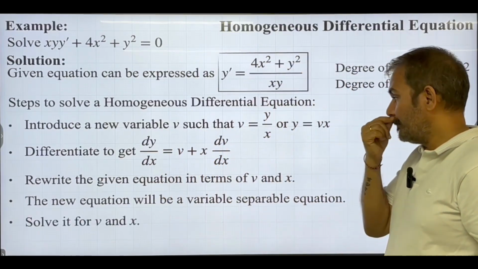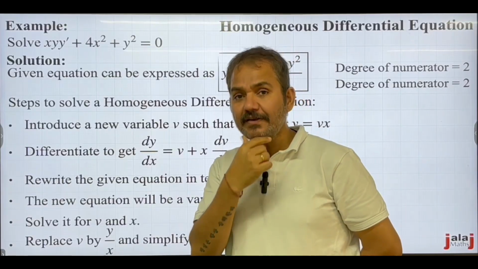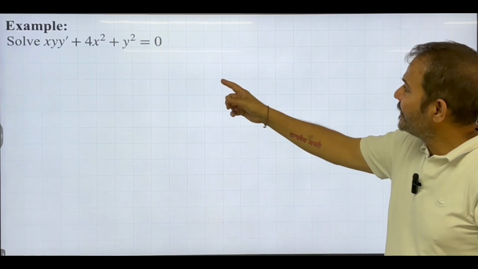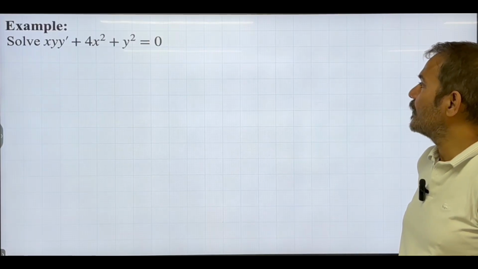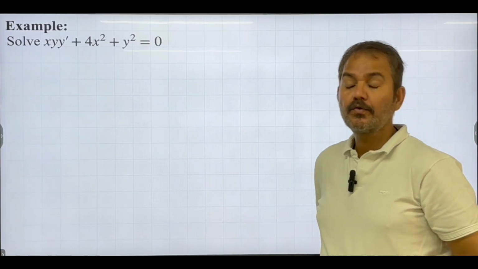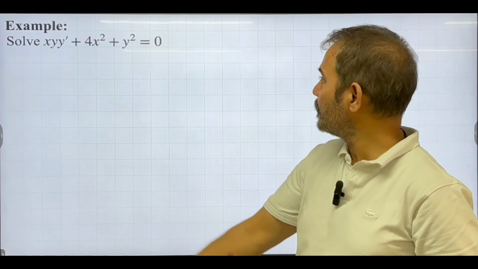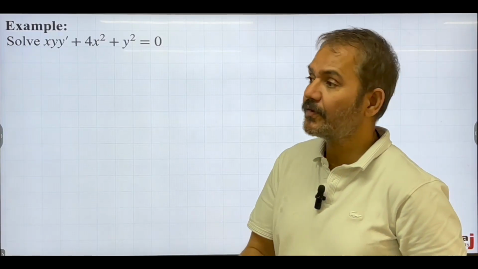So let's start with the help of an example. Here is a question. Solve x y prime plus 4x squared plus y squared is equal to 0. First thing is to check: is it variable separable? It doesn't look variable separable. Is it homogeneous?